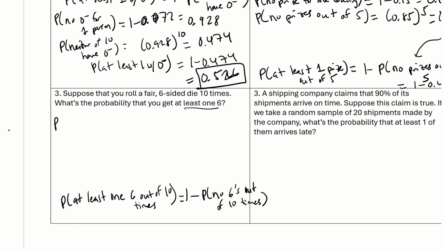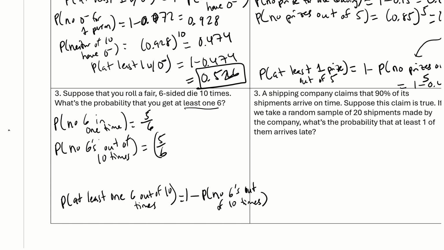And so let's do that. So what's the probability of no 6 in 1 time? That's going to be, if you don't want to get a 6, then that's 5 out of 6 chance, right? And so then the probability of no 6s out of 10 times is 5/6 to the 10th power.